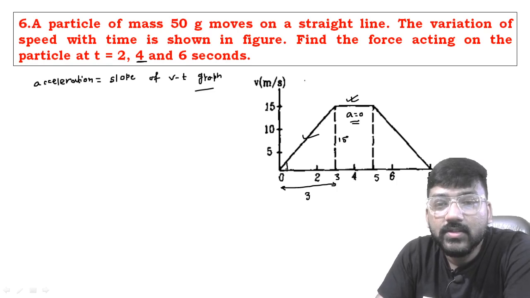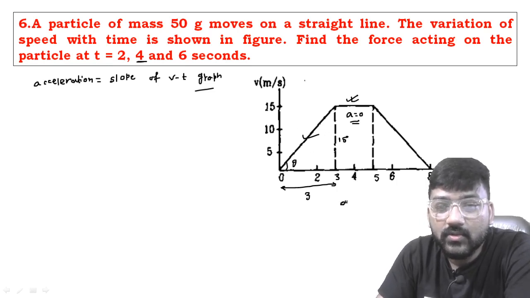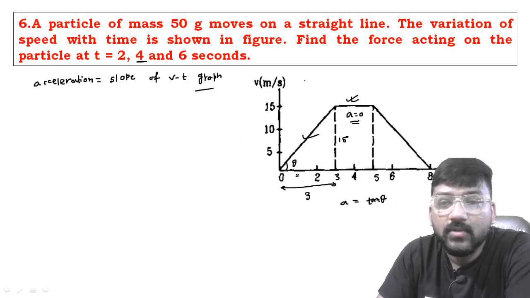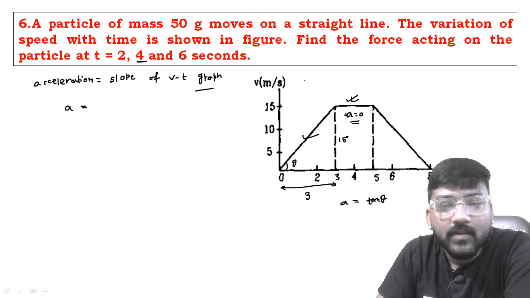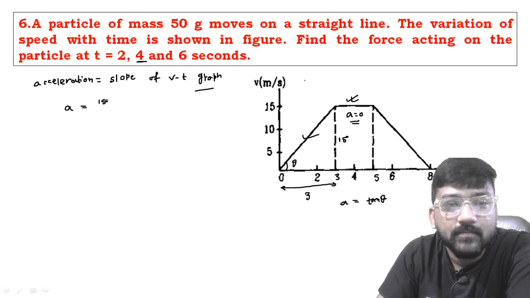If this is theta, then the slope of this graph will be just tan theta. So a will be just tan theta. What will be your acceleration? Perpendicular divided by base, that means 15 by 3. That is actually tan theta. So that is 5 meter per second square.